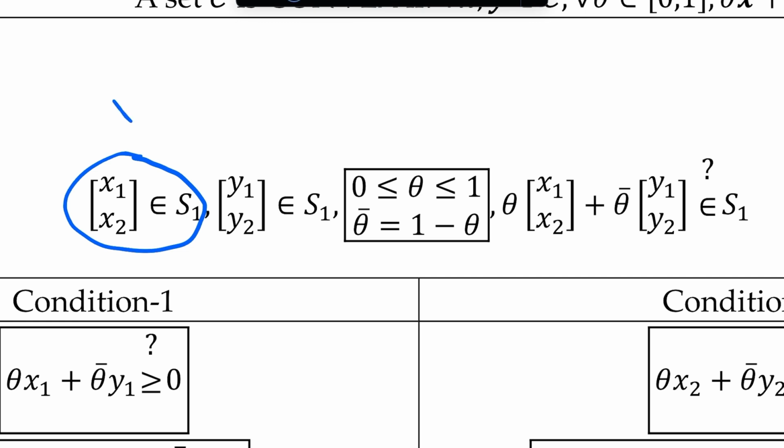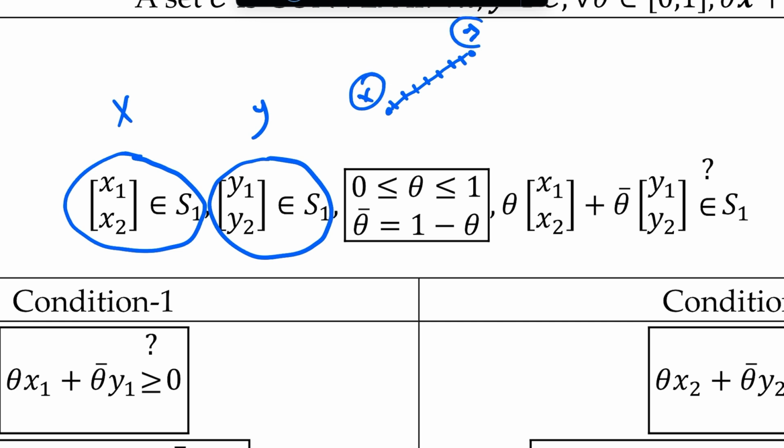We choose X and Y in the given set, right? So now what we are doing is, again, we're going to use theta. So this is X and this is Y, to parameterize the line segment between X and Y that lies on the set, right?